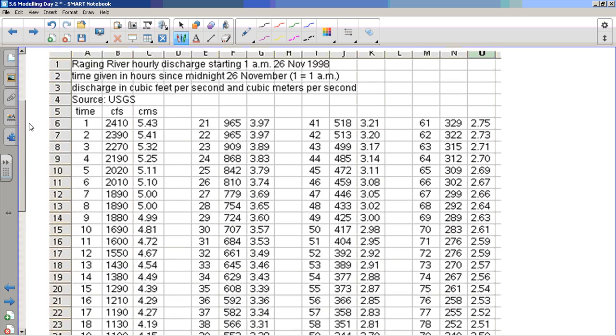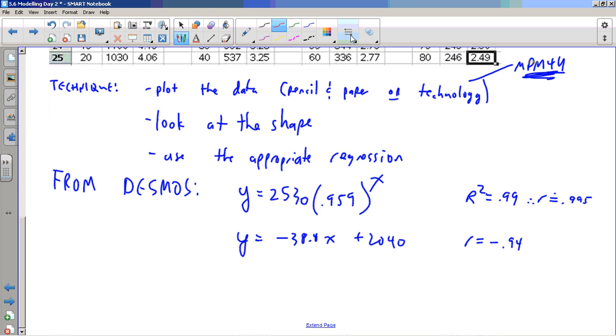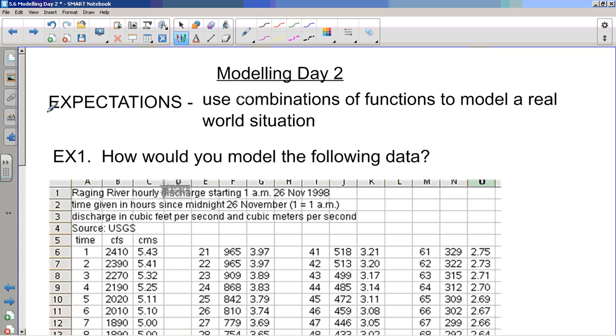And is there any way we could have actually done this using my skills from exponential function analysis or trig function analysis? And the answer is absolutely. How would we have done that?